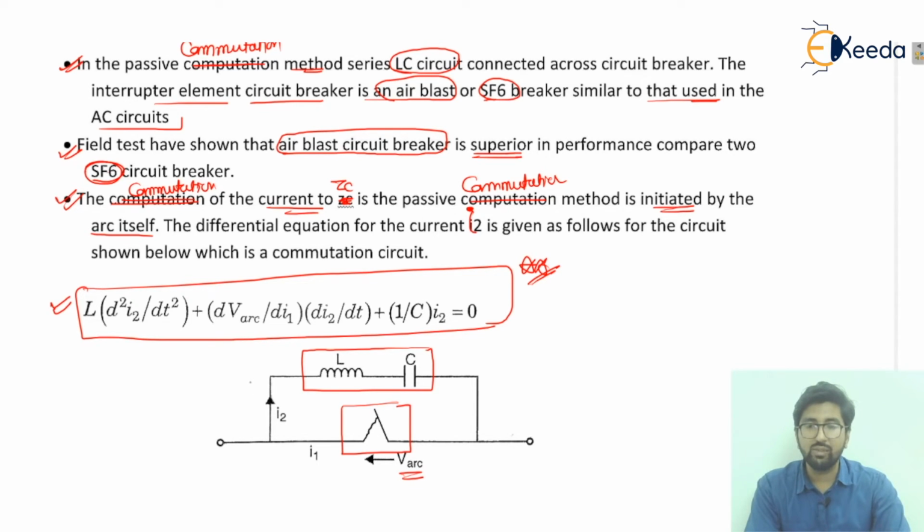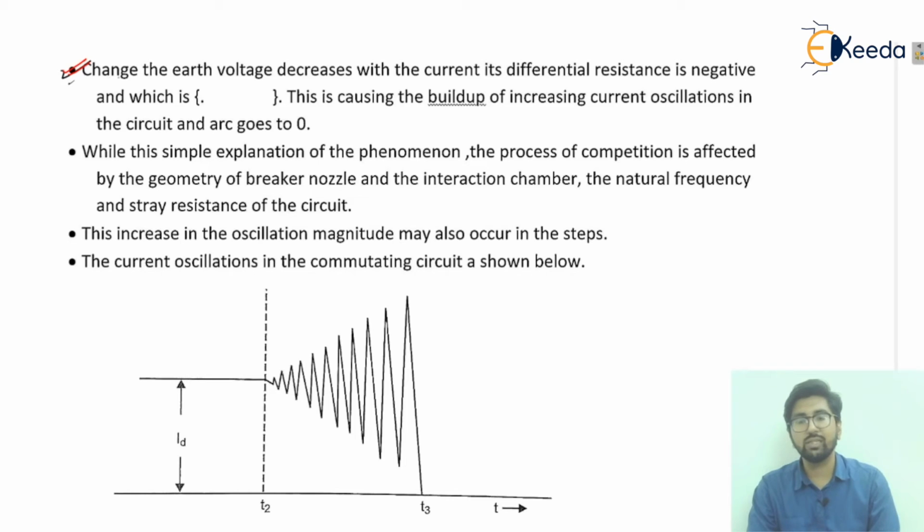So this equation is related with the I2, and that is L d square I2 upon dt square plus dV arc upon dI1 into dI2 upon dt plus 1 by C I2. The term dV arc upon dI1 is the change in the arc voltage.